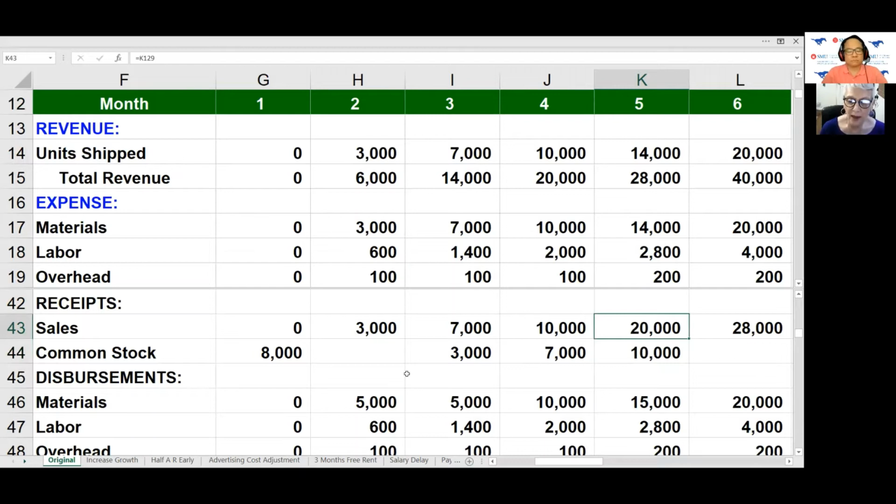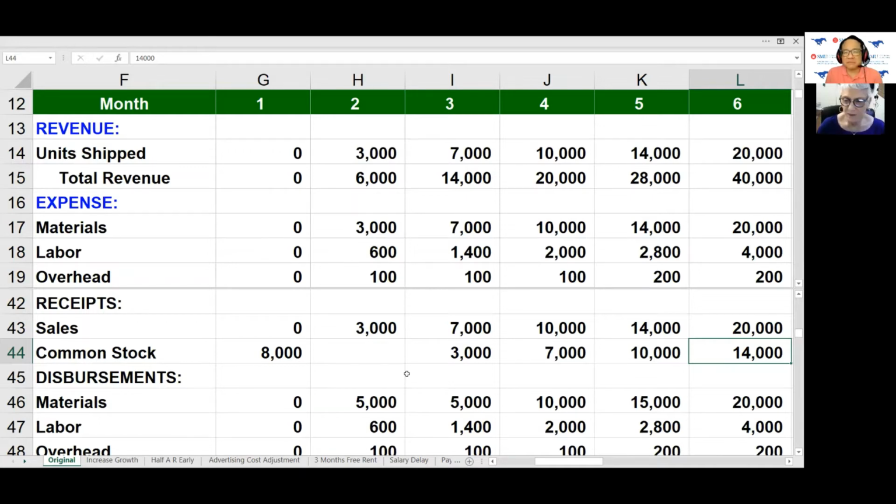In month 5, 14,000 would be half, and the other half in month 6, and 20,000, half of what we sell that month. So we're getting half of our customers to pay us in the month that they receive the goods.